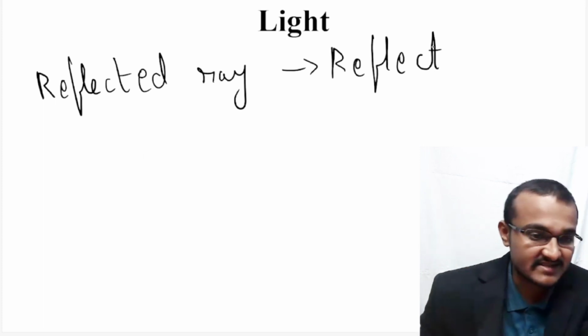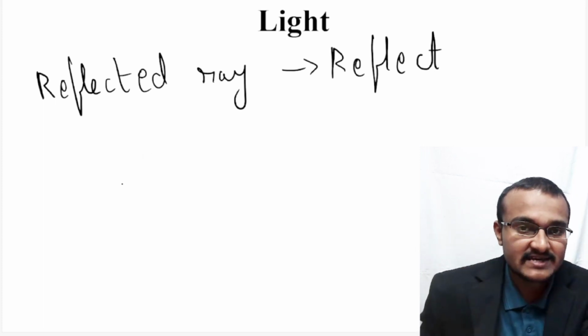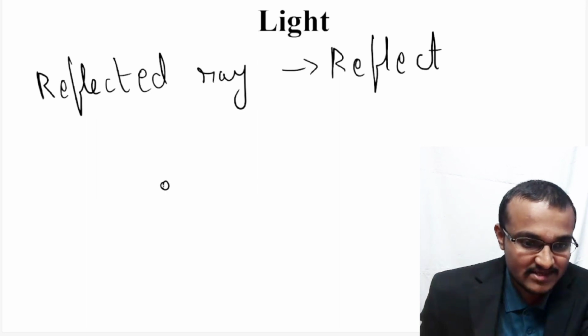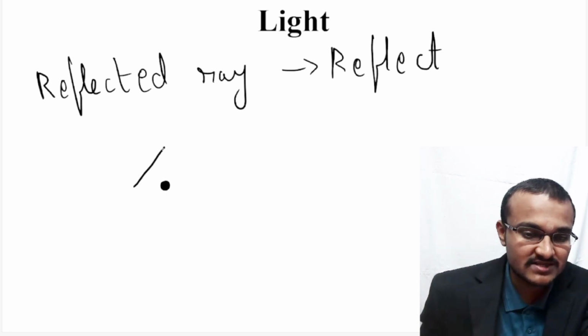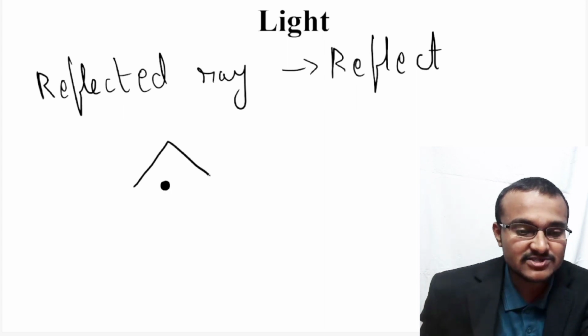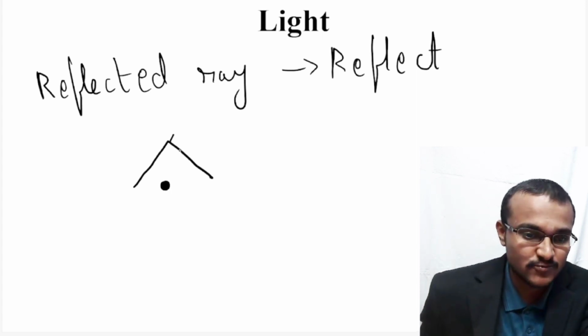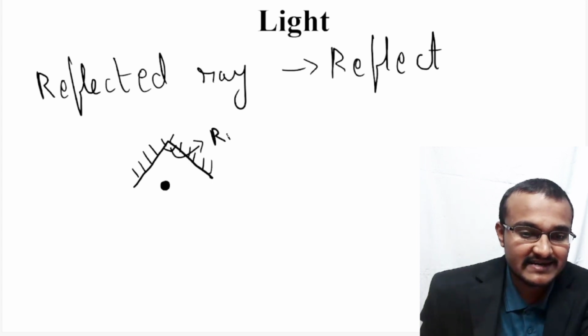To understand this, we can keep mirrors. So let's say there is an object placed here, and there are two mirrors connected at right angles to each other. If this is one mirror and this is another mirror, the angle between these two mirrors is 90 degrees. So the mirrors are kept at right angle.